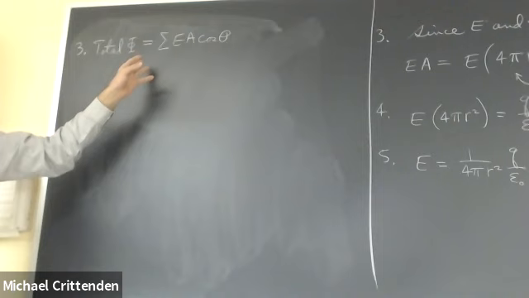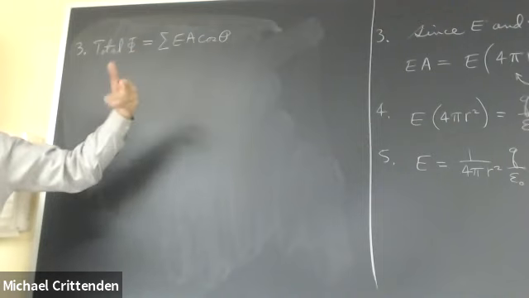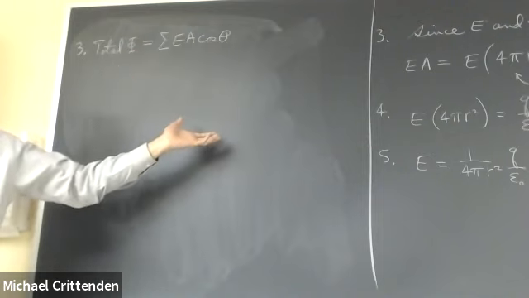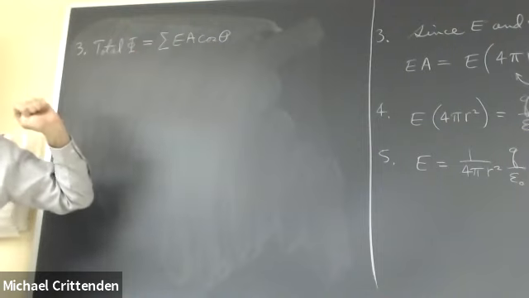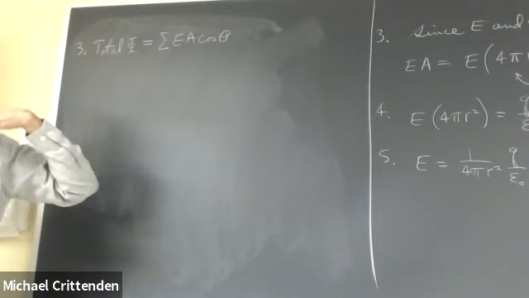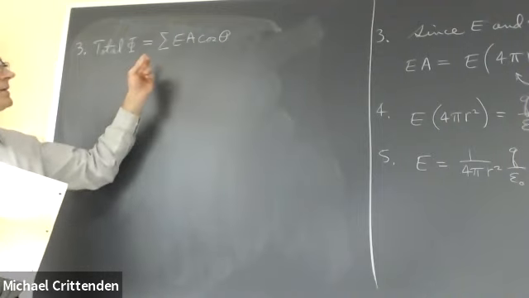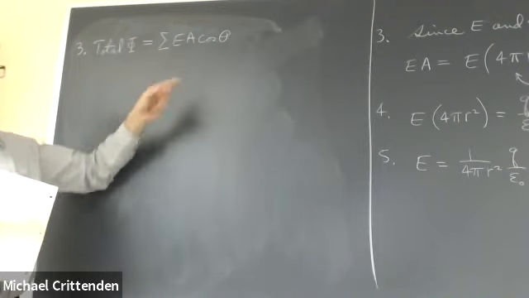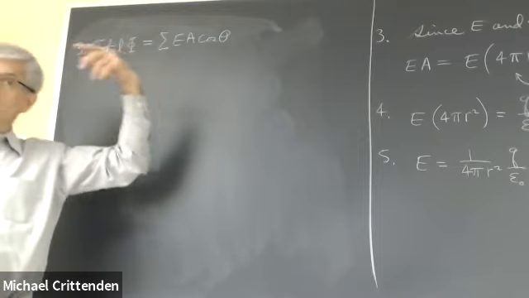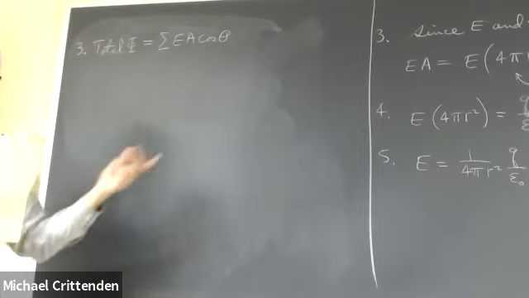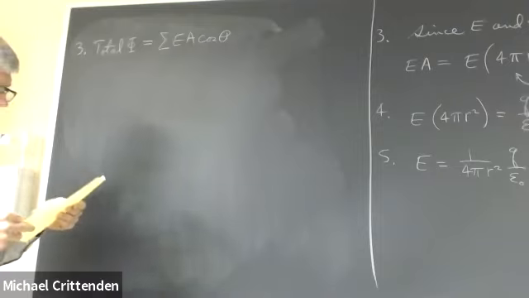The summation here would be to sum over the 6 sides of the box. There's no need to resort to infinitesimals and integrate, do an infinite sum, but we have to add up the flux through the top and the flux through the bottom and the flux through the right-hand side and so on until you've covered the whole 6 sides.